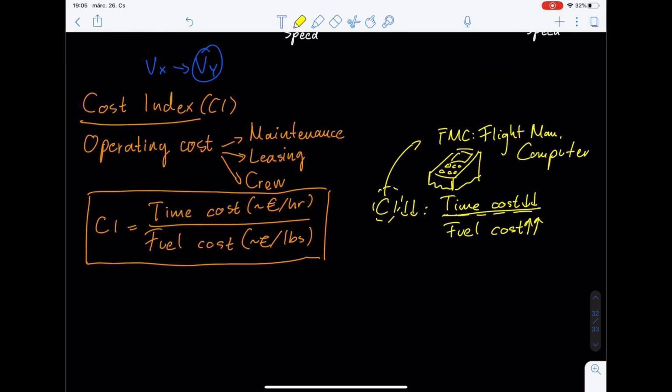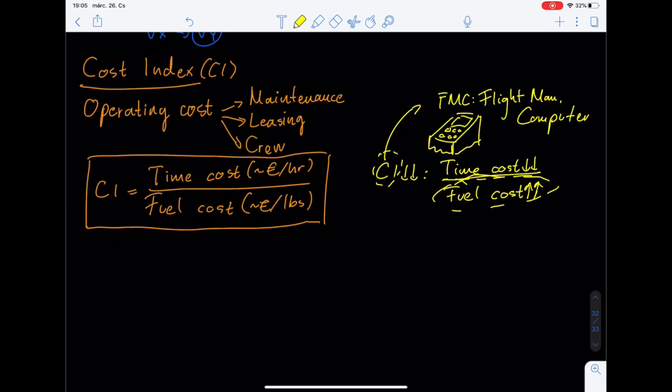Because in that case, if the fuel is expensive and time is not so much, and therefore the cost index is low, it's going to result in the maximum range speed, how they call it operationally, and this is how it's written in the Boeing manual, and the minimum trip fuel.